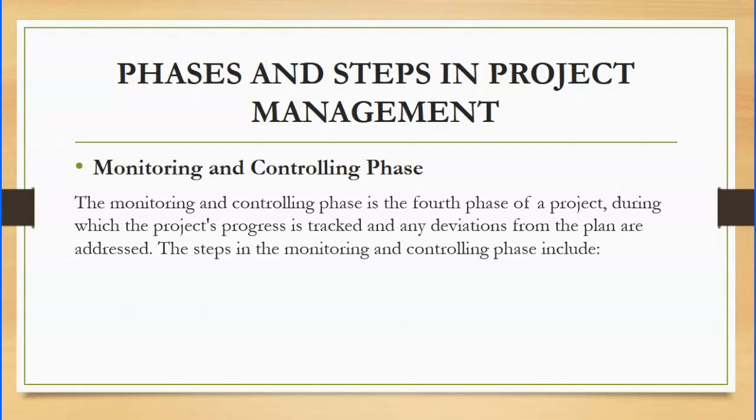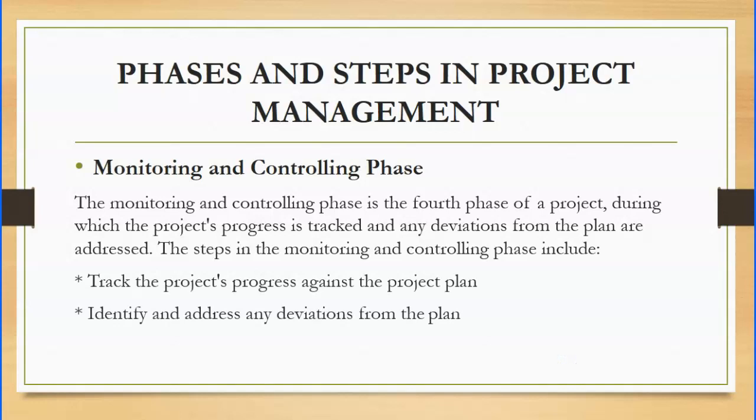The monitoring and controlling phase also has steps. It is the fourth phase of a project, during which the progress is tracked, and any changes are made and deviations are controlled.